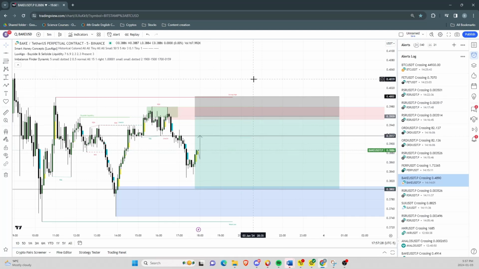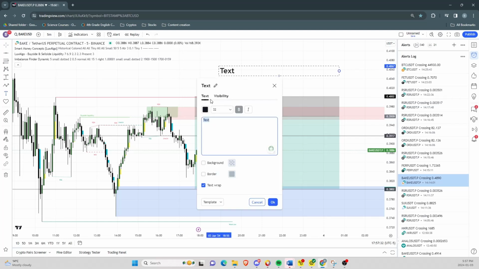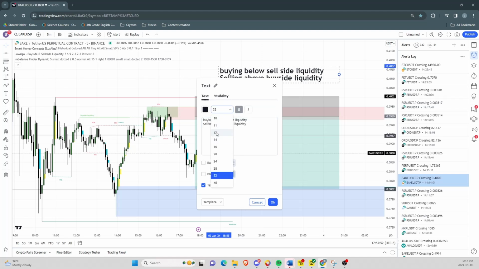Coming back to the concept, so what is a turtle soup? Turtle soup is buying below sell side liquidity and selling above buy side liquidity. So this is what we call turtle soup.